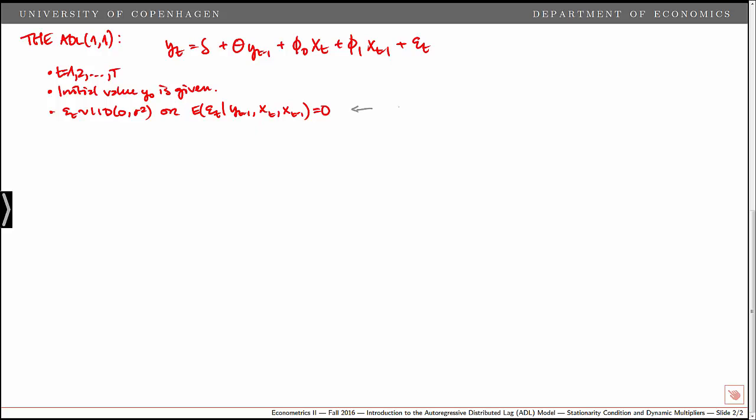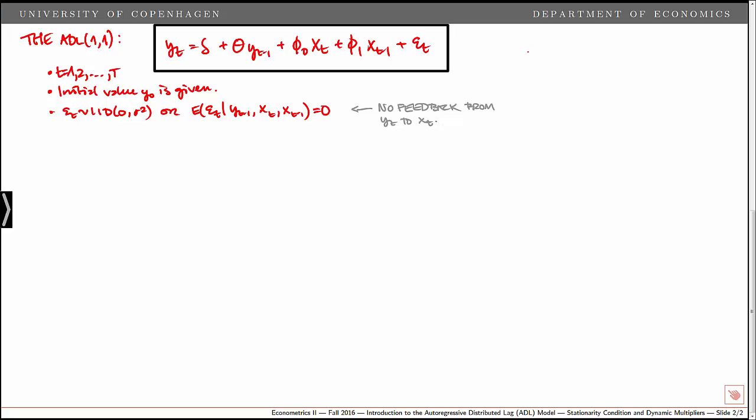Note that the assumption here rules out feedback from y_t to x_t, so it implies that there's no feedback from y_t to x_t. So at the same point in time, y_t cannot influence x_t back. It should also be noted that we have assumed a linear relationship here.